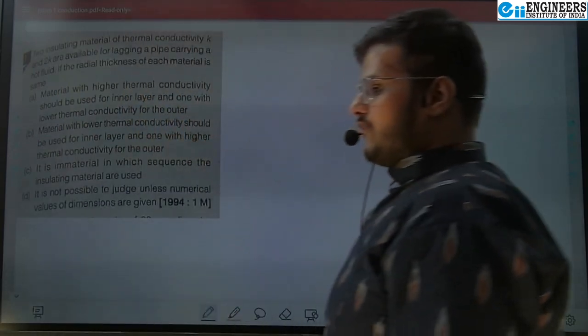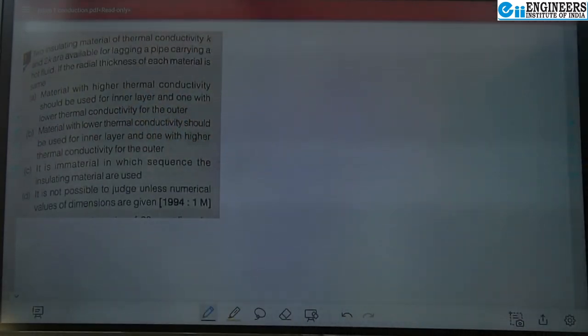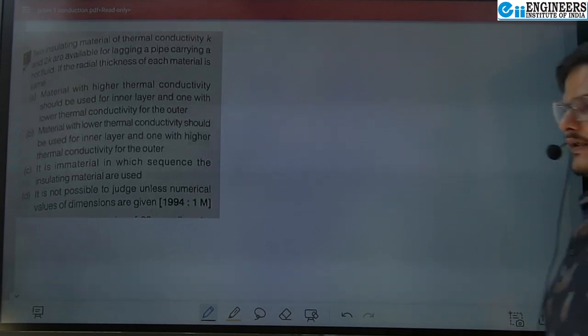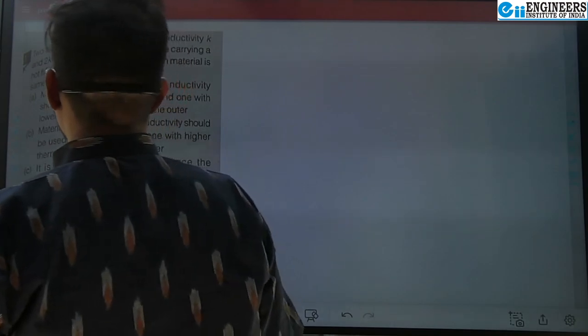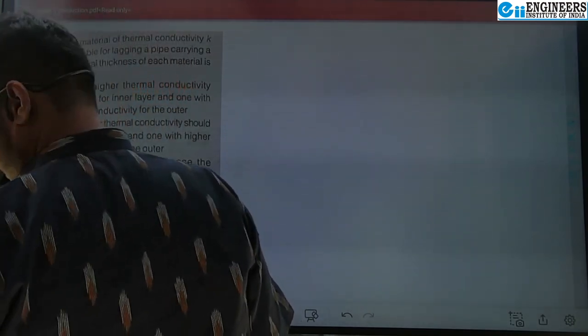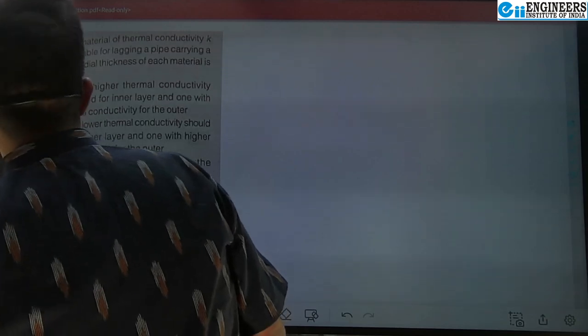So I will try to make this problem understandable to you all. It is telling us that for two insulating materials the thermal conductivities are K and 2K. So let's start drawing this.